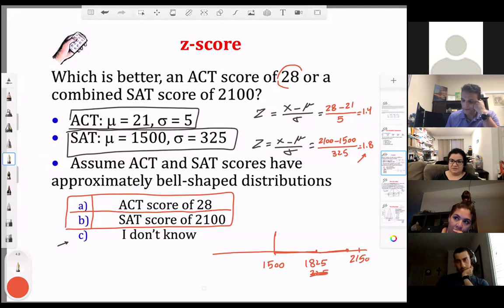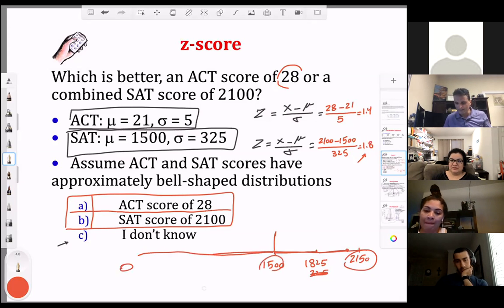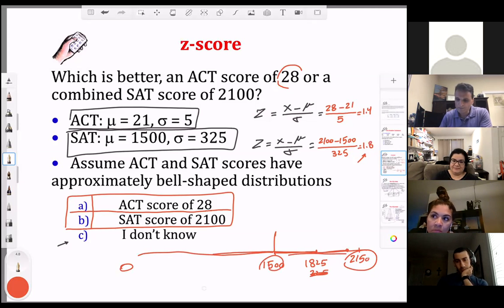So you're almost at 2 standard deviations. 2 standard deviations is almost a perfect score. Here you start from 0. If you're far away from the mean, you're closer to getting 100%. This is 1.4 standard deviations from the mean, so it's like 91%, and this is 97%.